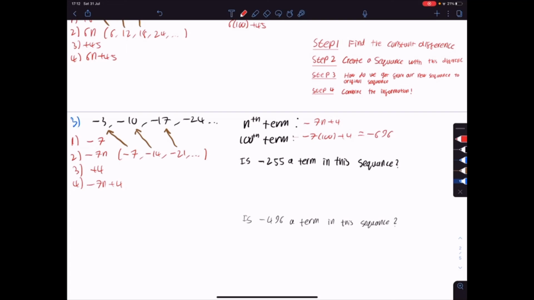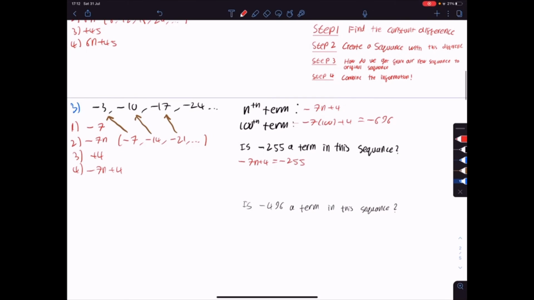So we would be able to write -7n plus 4 equals -255, where n here is just a positive whole number. And the reason it has to be a positive whole number is because n represents our terms, and our terms are the first term, the second term, the third term, and these are just positive whole numbers.